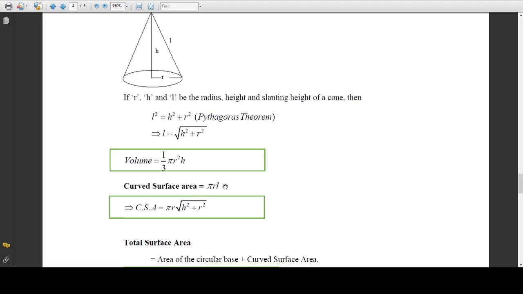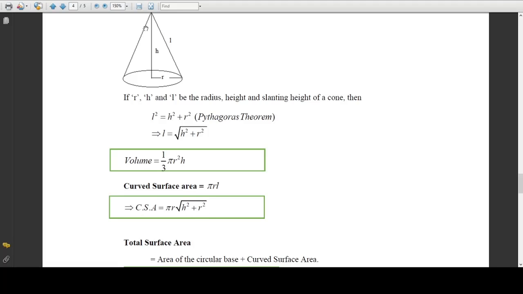Otherwise, if the slant height is not given, only the height of the cone and the radius of the cone are given, then you can use another formula, which is pi r root over of h square plus r square, for the curved surface area of a cone. Now the total surface area is how much?